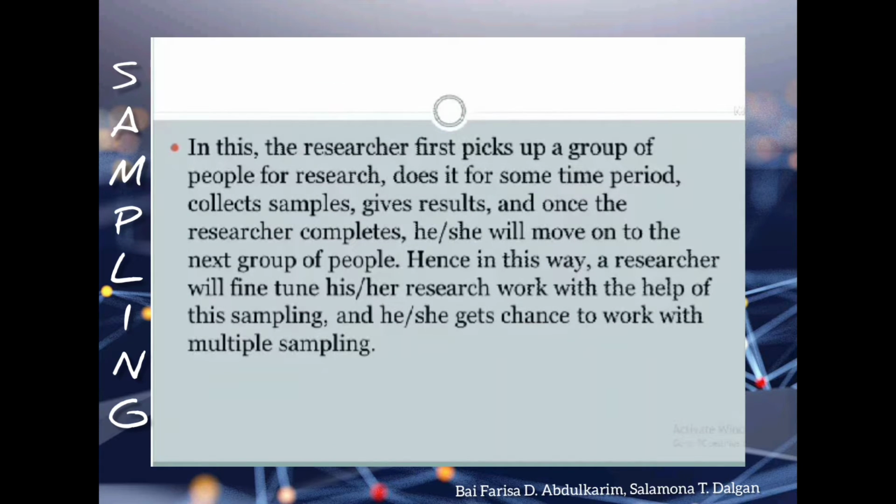In this, the researcher first picks up a group of people for research, does it for some time period, collects samples, gives results, and once the researcher completes, he or she will move on to the next group of people. Hence, in this way, a researcher will fine-tune his or her research work with the help of this sampling, and he or she gets a chance to work with multiple samples.